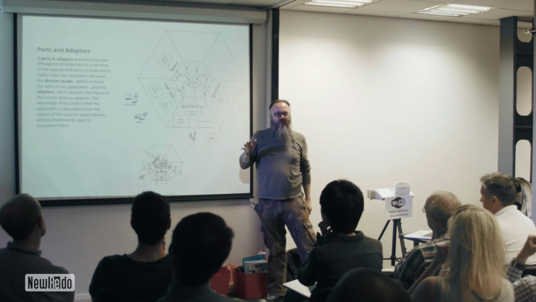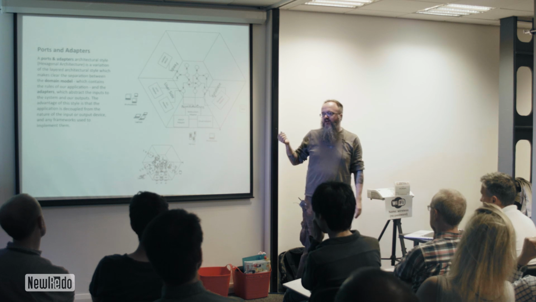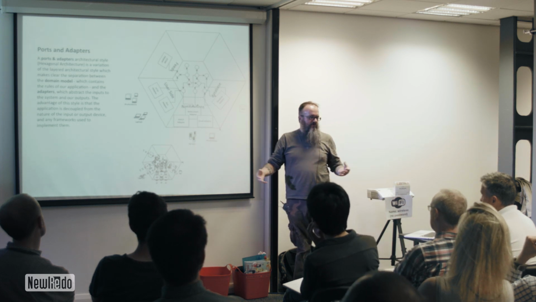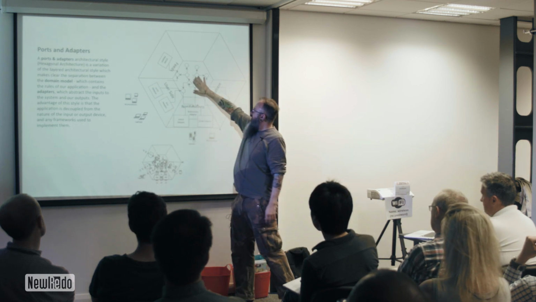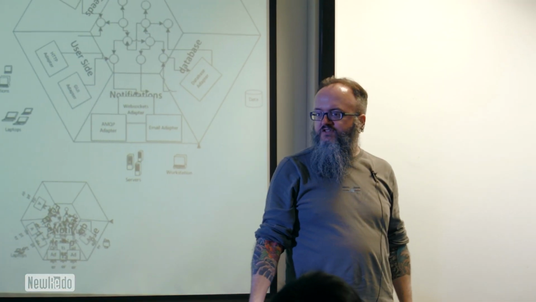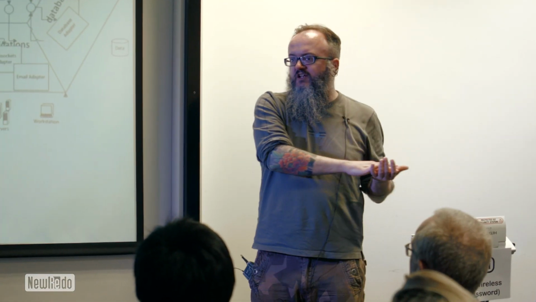Probably this notion of POCO or POJO is really important to us, or whatever the analogies are for your preferred language of choice, which is plain old Java object, plain old CLR object. What we're saying is we really want to minimize the dependencies between the code here and frameworks or other libraries, as much as possible.